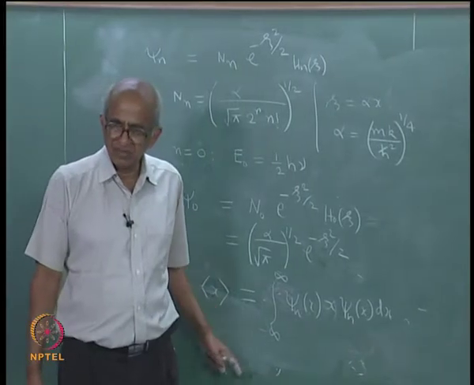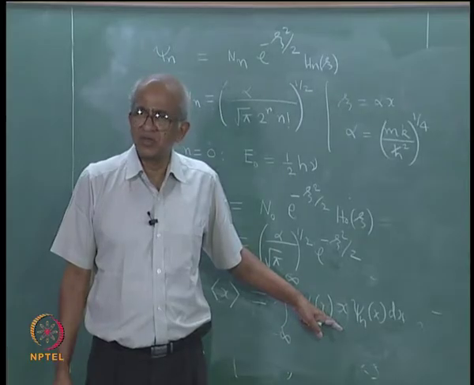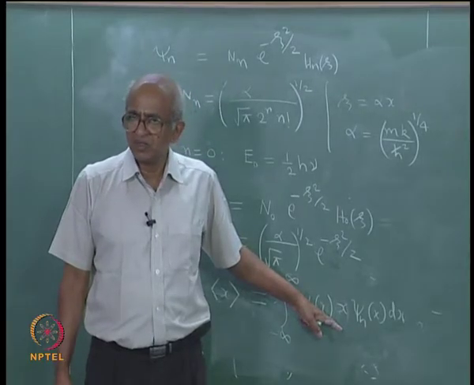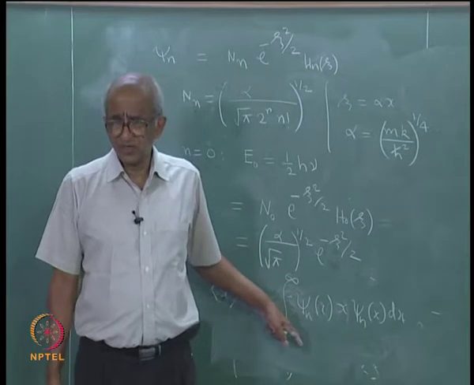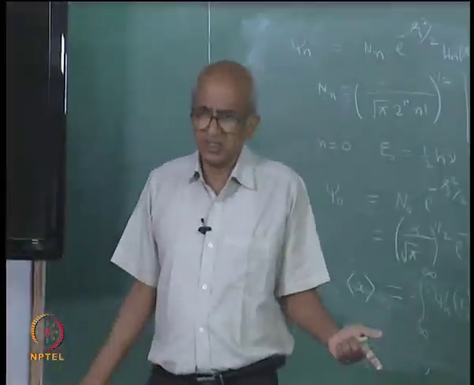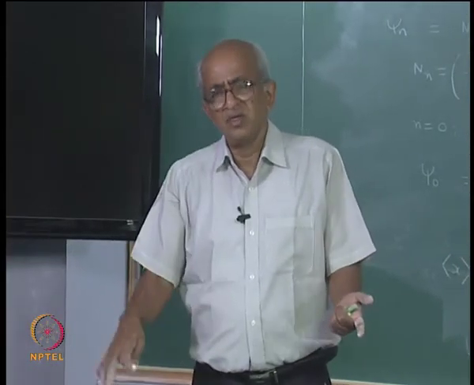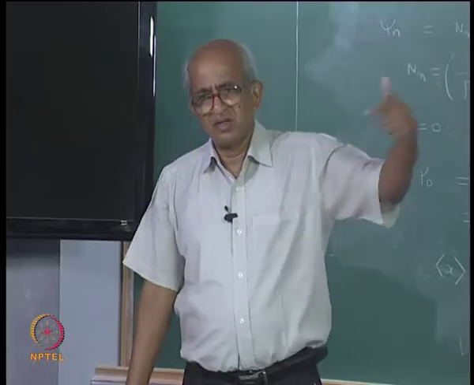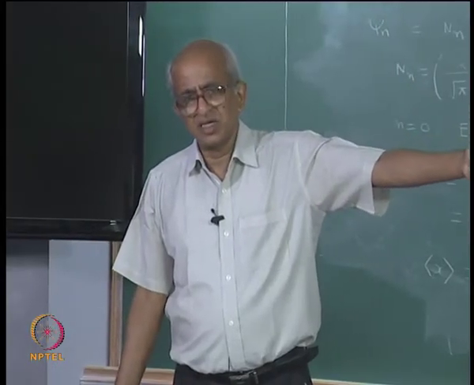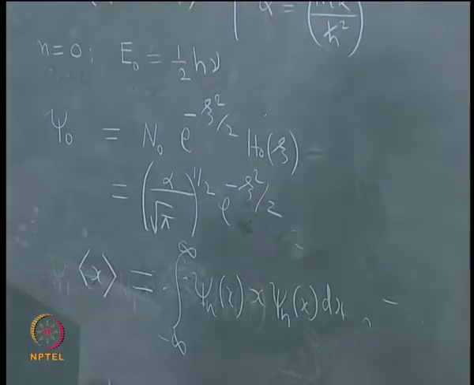Integrand is from minus infinity to plus infinity, but the integrand is an odd function of x, correct. It is an odd function of x, and if I integrated an odd function from minus infinity to plus infinity, what has to be the answer? There will be a contribution from the negative x region, and that will be cancelled exactly by the contribution from the positive x region, and therefore the answer has to be 0.